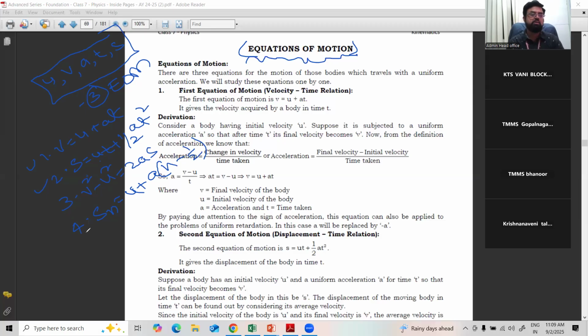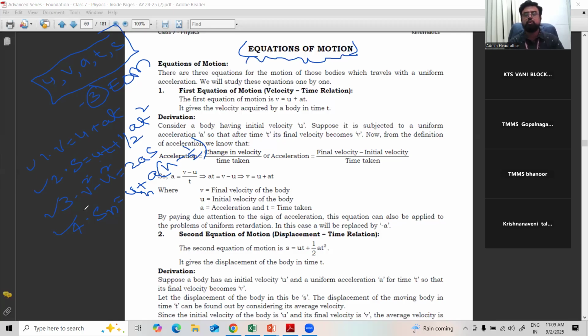And last one is Sn is equal to U plus A into N minus 1 by 2. Or you can write Un also here. Un plus A into N minus half. Write down these four equations which are popularly known as equations of motion.